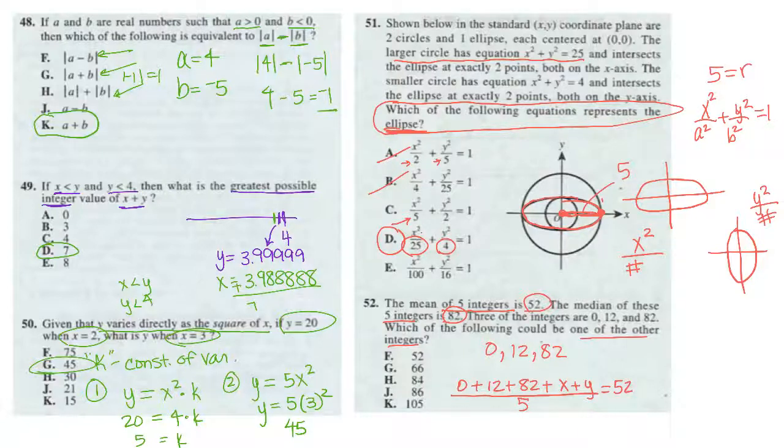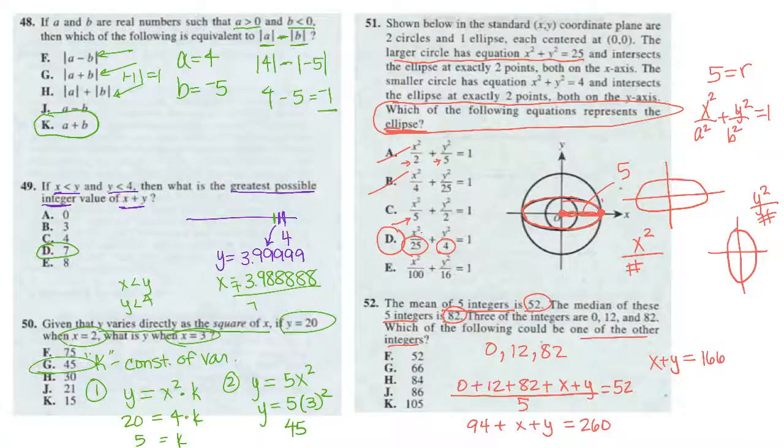So really, let's go ahead and add these up. I'm going to have 94 plus x plus y is going to have to be equal to 260. Essentially, we could keep solving this. We could subtract that 94 over. So really, the sum of those two numbers has to be 166.